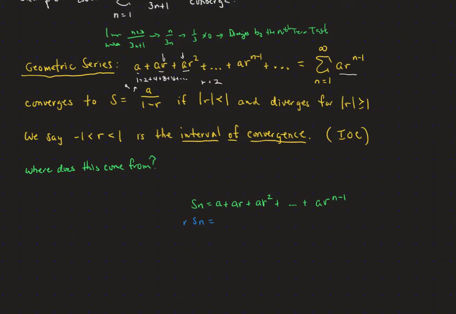Now, what we find out is that this series, this infinite series, is going to converge to this sum. So this is unusual. It's very rare that we can not only tell that a series converges, but what it actually converges to, what that sum is actually going to be. Now, it only converges when our common ratio, r, is between -1 and 1, and it will diverge everywhere else.